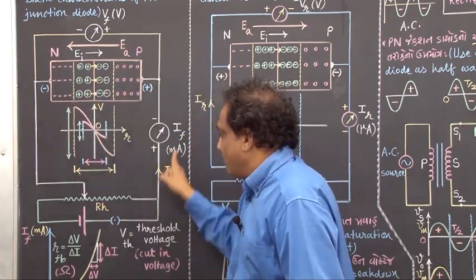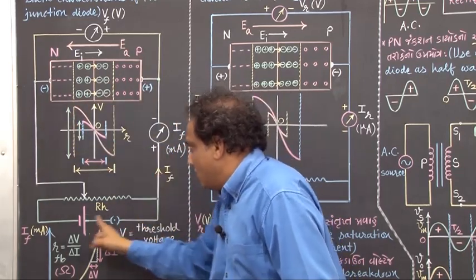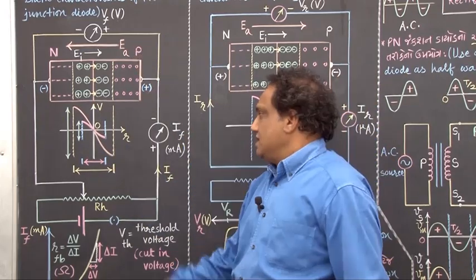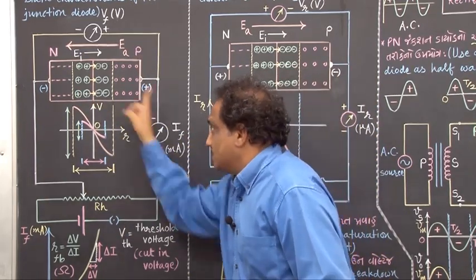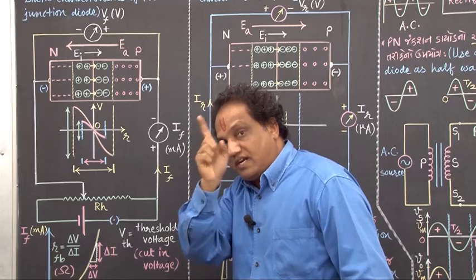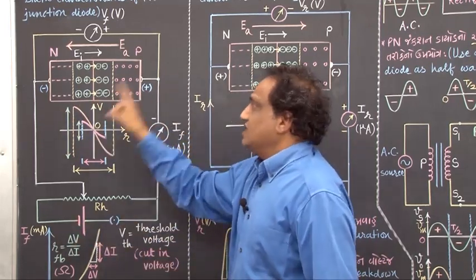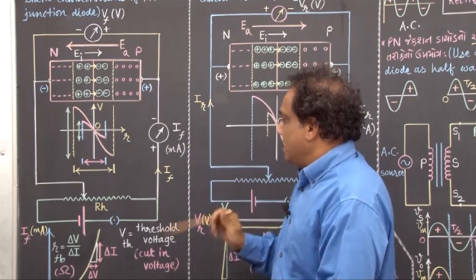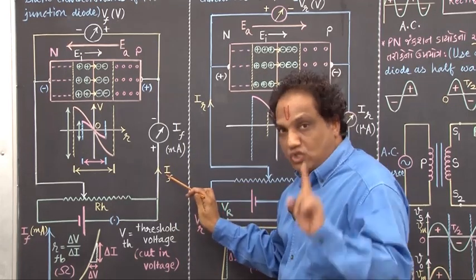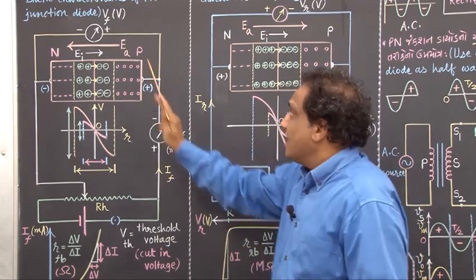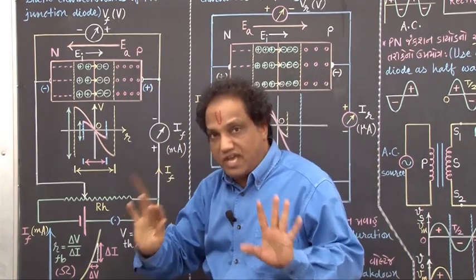If this is the direction of flow of electrons, in just the opposite direction you will get electric current. If the direction of flow of electrons is this, then the direction of flow of electric current is this. Correct? And that current which is flowing in forward bias condition is known as forward current, shown by the symbol IF. So IF means forward current and VF means forward voltage.